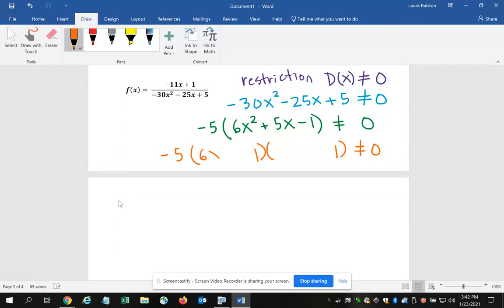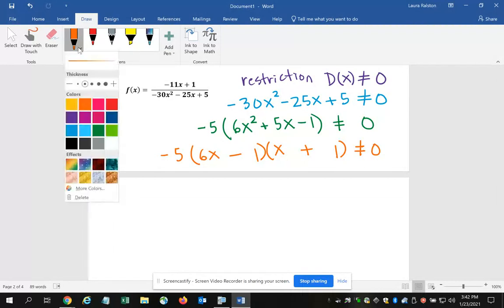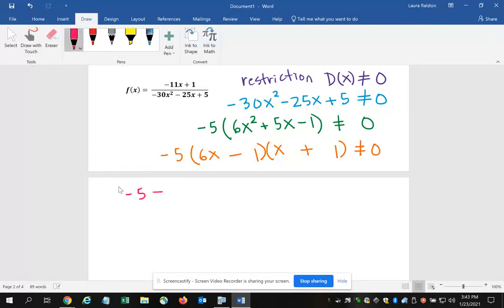So that's going to be 6x and 1x, and I want a positive 5, so it becomes negative 5 times 6x minus 1 times x plus 1. And we know one of those pieces had to be 0. Well, negative 5 does not equal 0. That's a true statement, and that'll always be true. So then I have to figure out 6x minus 1 cannot be 0, nor can x plus 1. It cannot be 0 either.